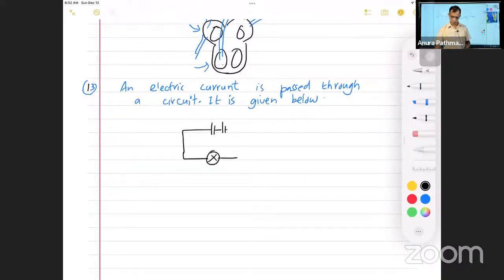There's a bulb. The current is 0.2 amperes. The bulb is 2 ohms.